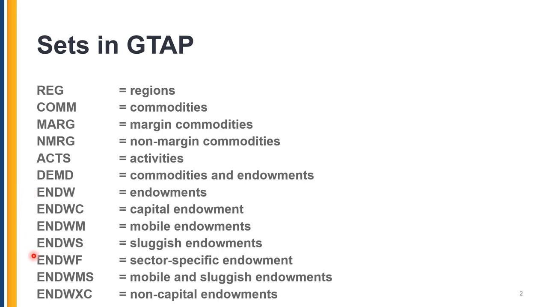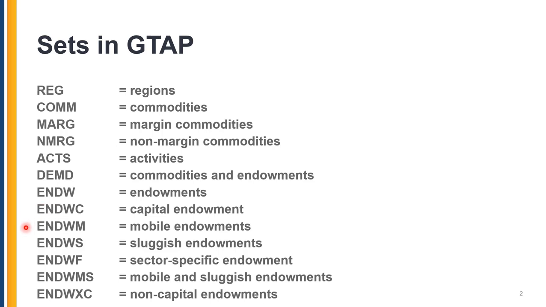But there are so many sets because we have to be able to accommodate different sorts of balance conditions. A basic mobile endowment, where the factor could be supplied to any sector, is different than a sluggish endowment, where there are additional costs to moving between sectors, which could allow for prices to differentiate depending on who you're supplying to.